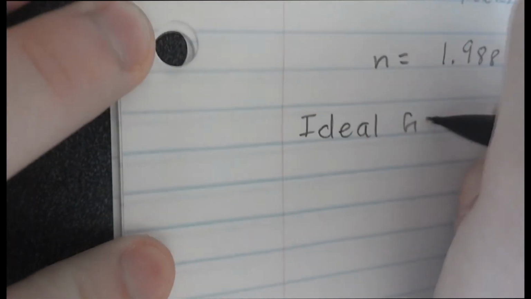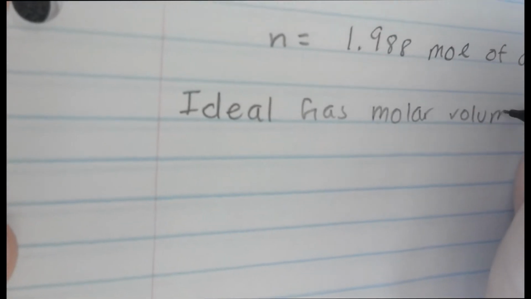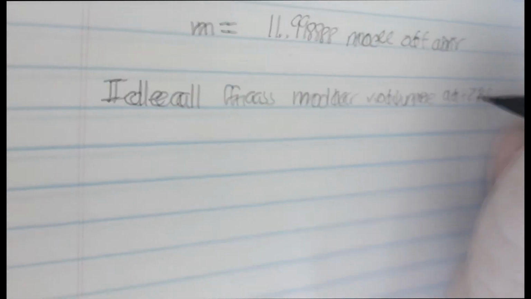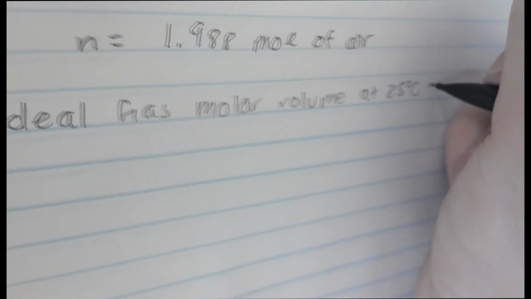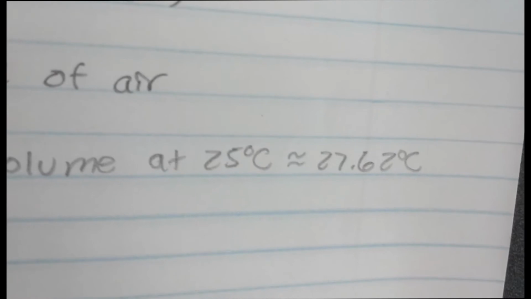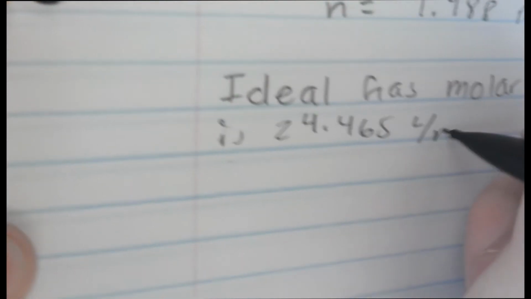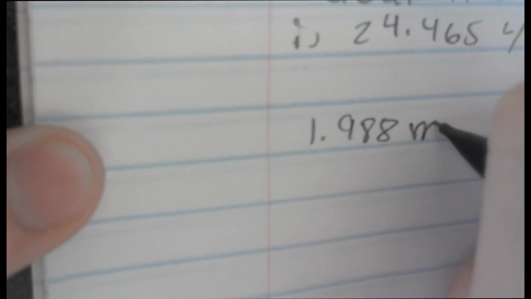Okay, now that we have found how many moles of air there are in the tire at 7 psi, we need to figure out how much volume it takes to get 1.988 moles of air. At 27.62 degrees Celsius, which is equal to 81 degrees Fahrenheit, which was the temperature that our tire is at outside, it is 24.46 liters per mole of air.